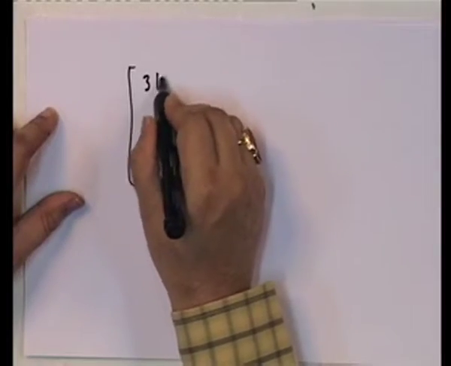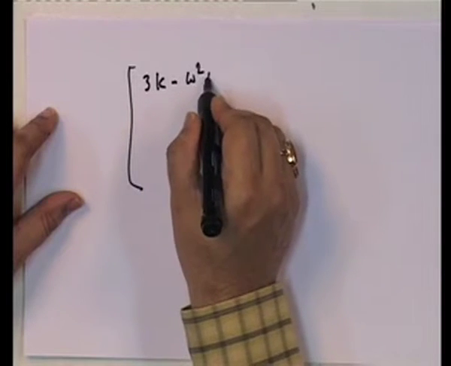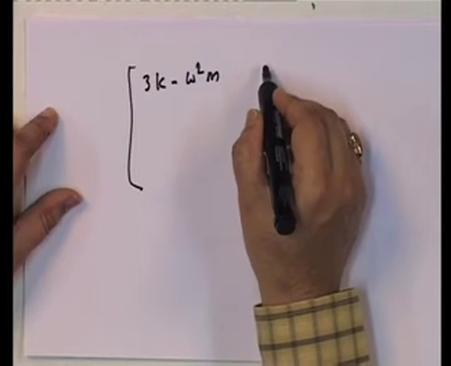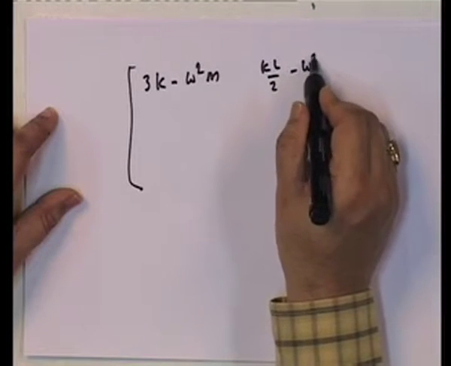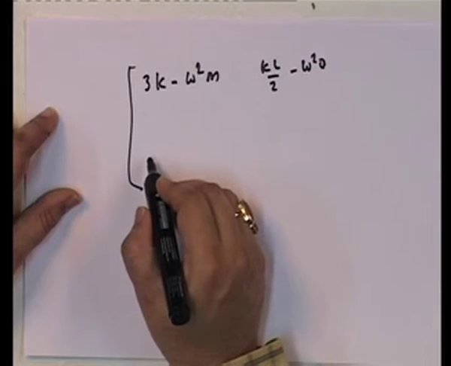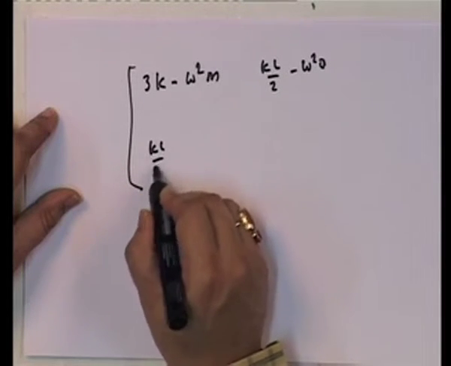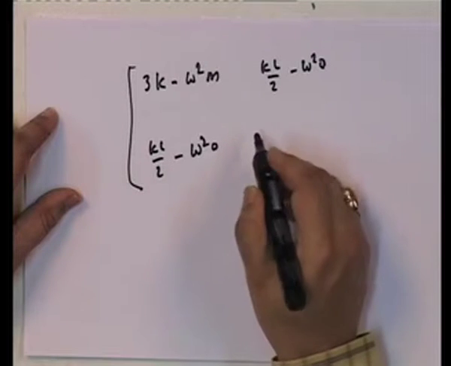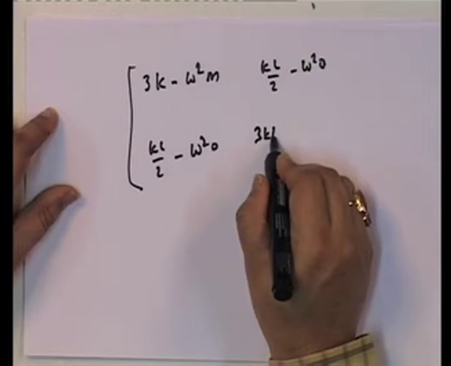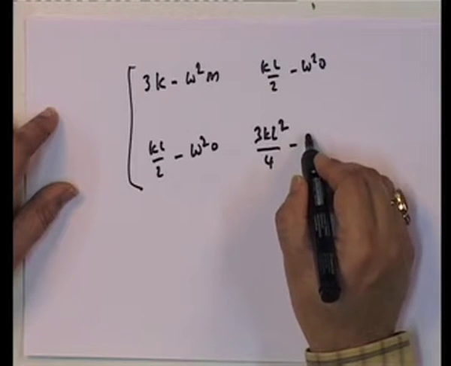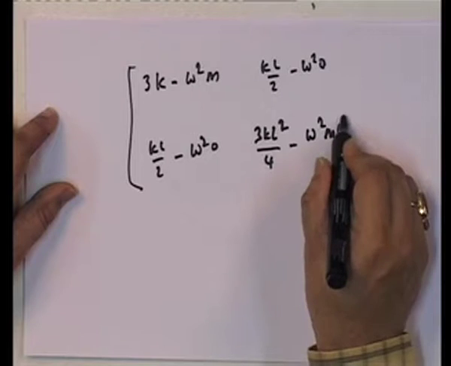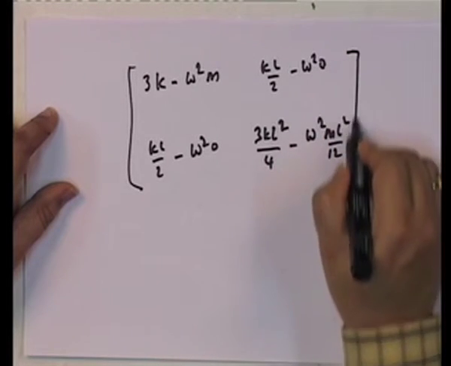K minus omega squared m. So, this becomes 3k minus omega squared m, kL by 2 minus omega squared 0, kL by 2 minus omega squared 0, and 3kL squared upon 4 minus omega squared mL squared by 12.